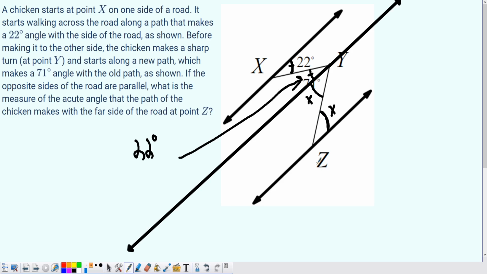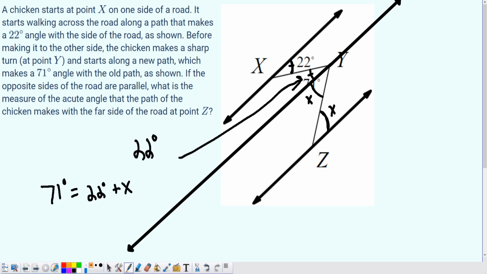Now, where does that get me? Well, I know the entire angle itself is 71 degrees. If I put these two angles together, the ones I just found, they must add up to the whole. So one of those angles being 22 degrees, and the other being our mystery angle of x.